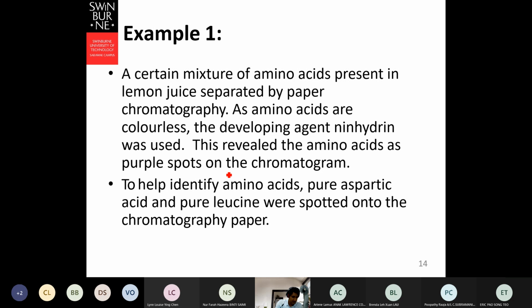So this is telling us that we have to separate the amino acids in the lemon juice. We have lemon juice, and we have to separate the amino acids in it. There can be many, but our interest is aspartic acid and leucine.